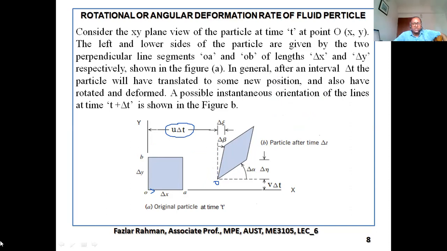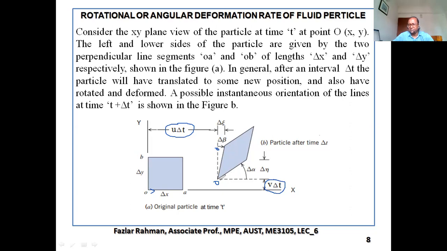So the vertical distance traveled by point O is delta V into delta t, where V is the y component of velocity. Now, point B is supposed to stay right over this point, but instead it travels more distance than point O along the x-axis.